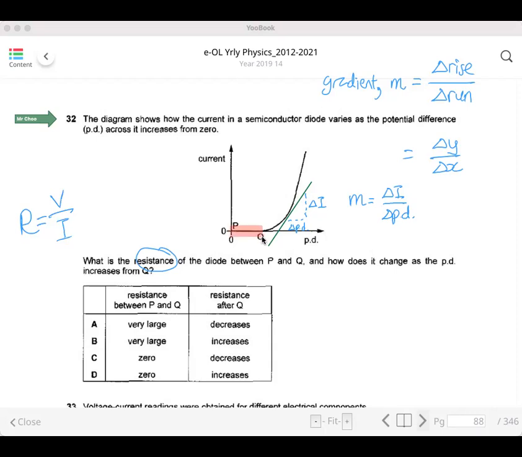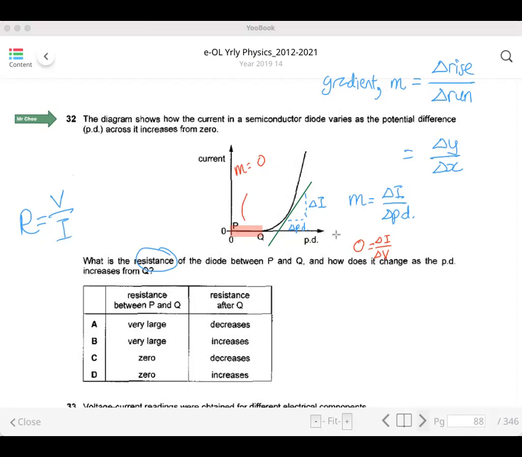From here to here, the gradient is 0. Am I right to say that? If I were to sub in, change of I over change of V is 0. So it is 0, it's flat. But we know that resistance is V over I, not I over V.